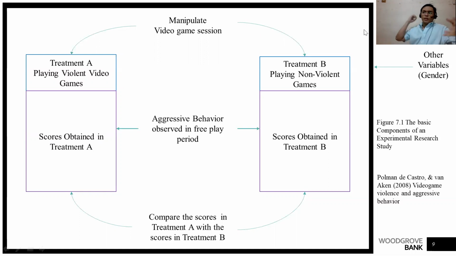One is playing violent video games, and the other is playing non-violent games. In order to have the set of scores, they observed those participants in a free play period. Then as the observation went by, they compared the two sets of scores and determined if violence in video games produces aggressive behavior.